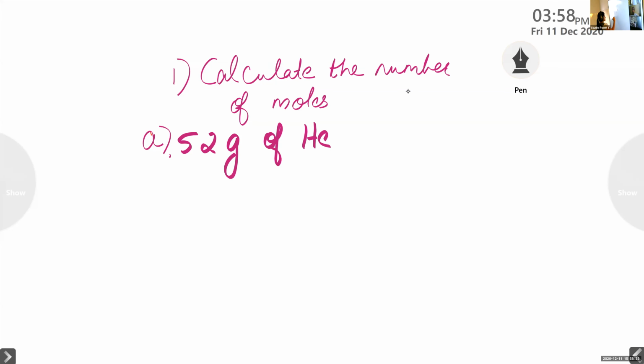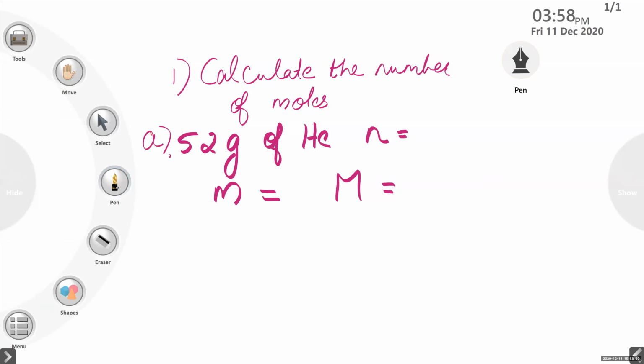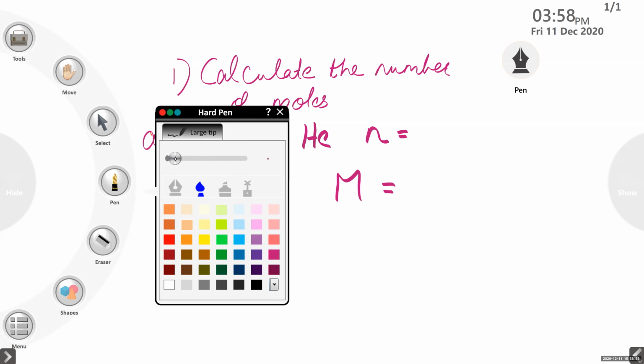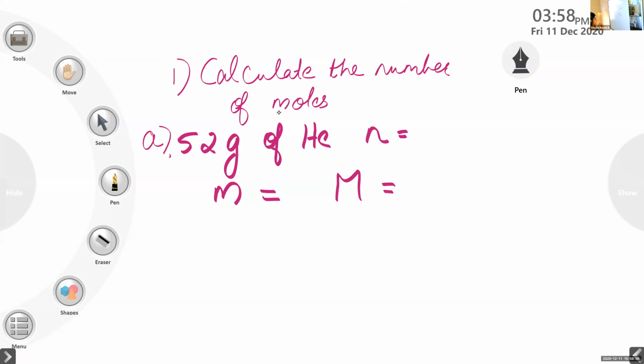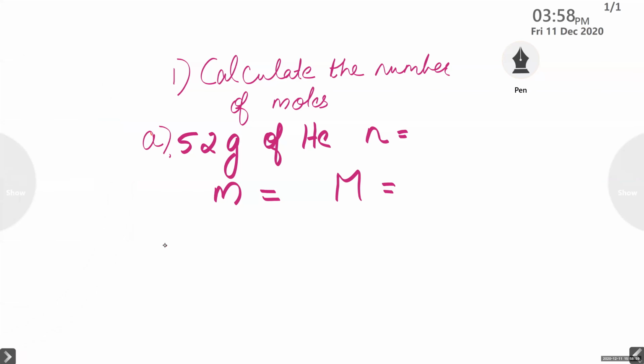Tell me, what is small m here? What is capital M here? We have to find out n. Capital M is the molar mass, and small m is the given mass. So small m is equal to 52 gram.